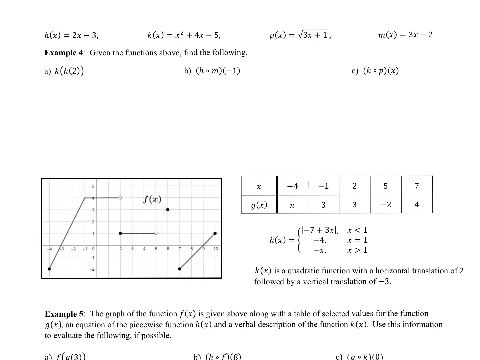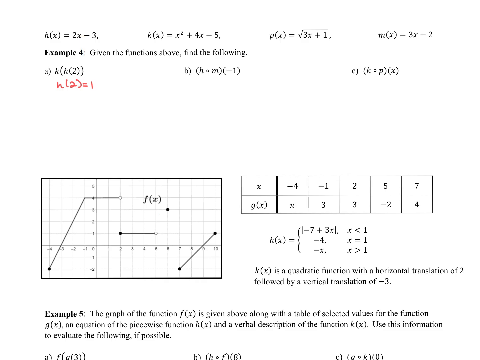All right. So on example 4, we're basically doing the same thing as what we've done before. So now we have 4 equations, and now we're going to evaluate k of h of 2. So what do I need to evaluate first? h of 2. All right, and so h of 2, I substitute in 2 right there, and so h of 2 is how much? 1.